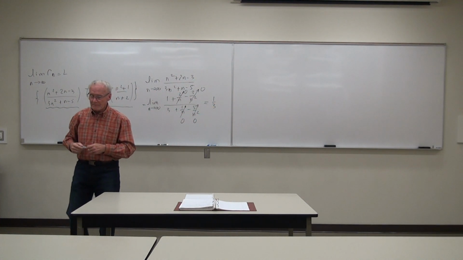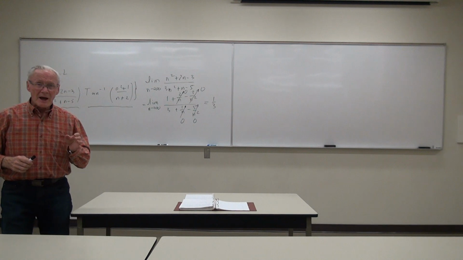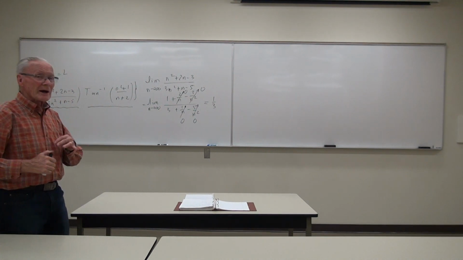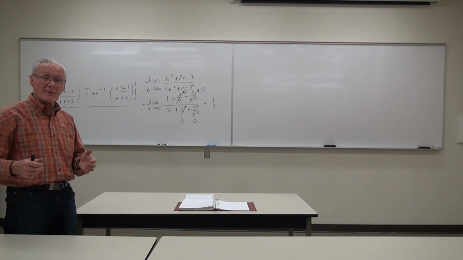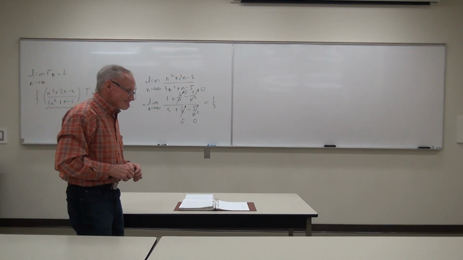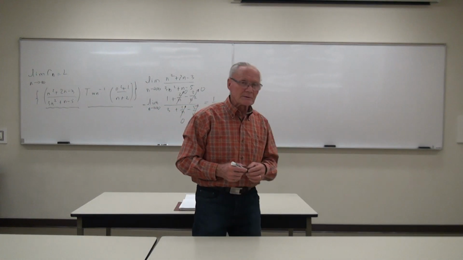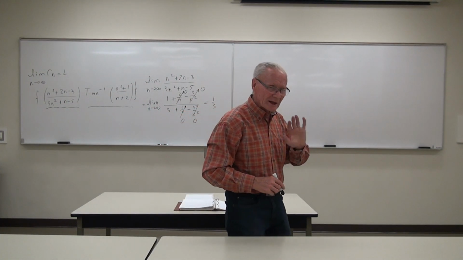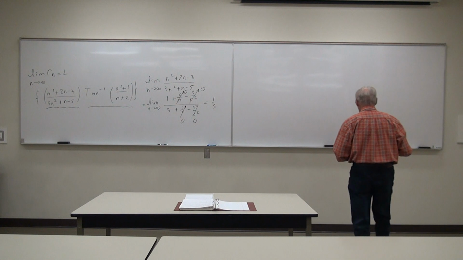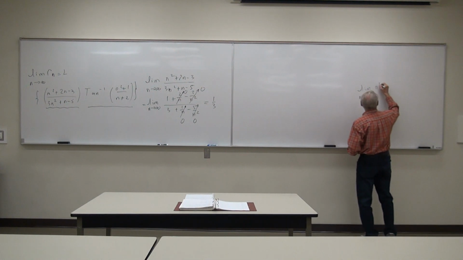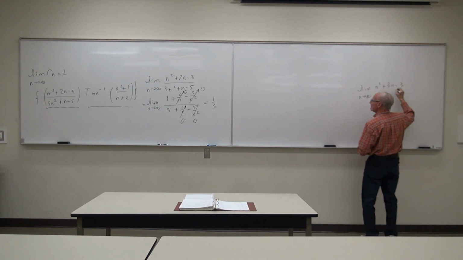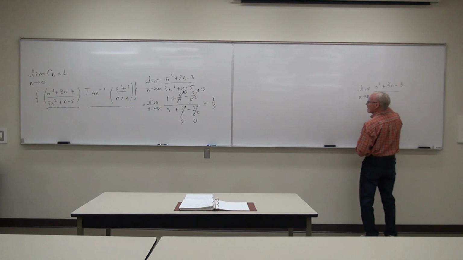That one is straightforward. I've often been asked the question, could I use L'Hopital's rule instead of doing that division of top and bottom by n squared? The answer is yes, but you have to be careful. So let's take a slight digression and consider the limit as n goes to infinity of that same thing, n squared plus 3n minus 3 over 3n squared plus n minus 5.